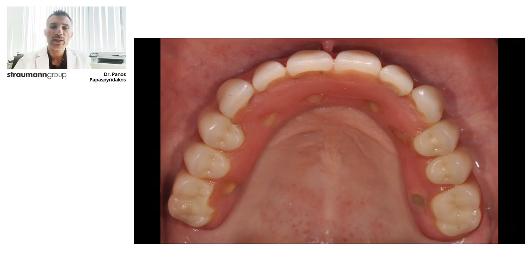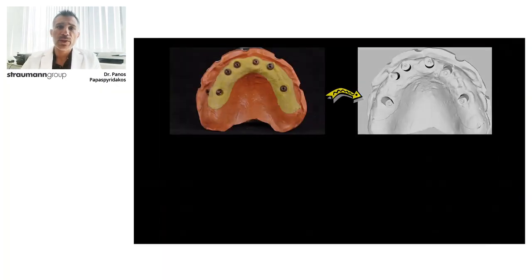And here you see the 1-year follow-up of a maxillary All-on-6 case. And this is the publication that has been submitted by Dr. Chochlidakis. Now, you saw that all the stone casts generated from the 16 impressions of the 16 edentulous patients were accurate and clinically verified.